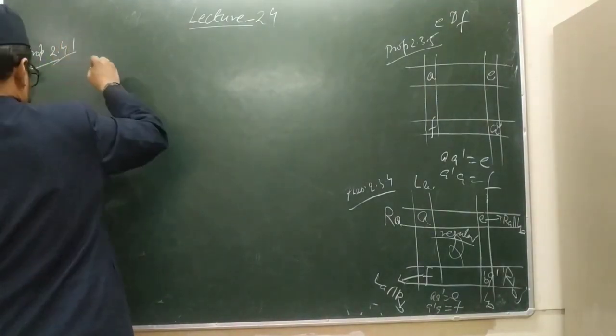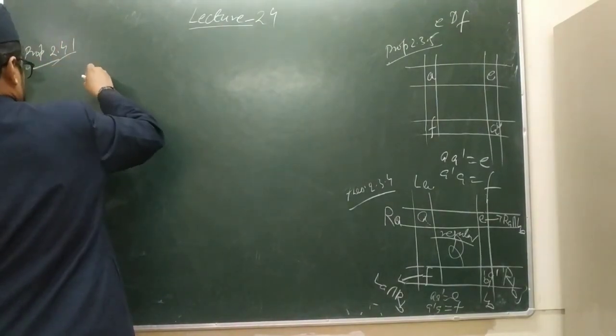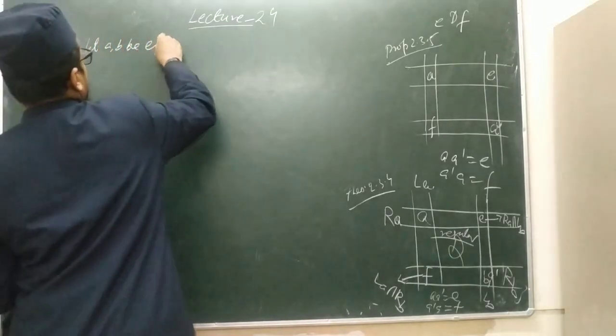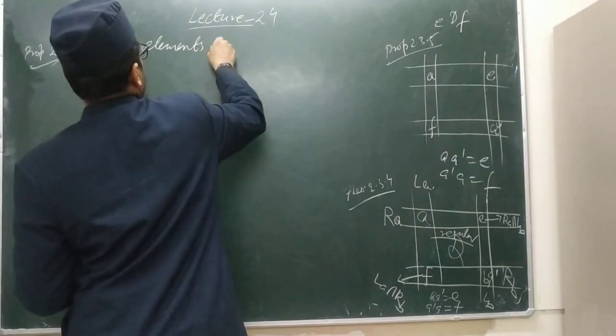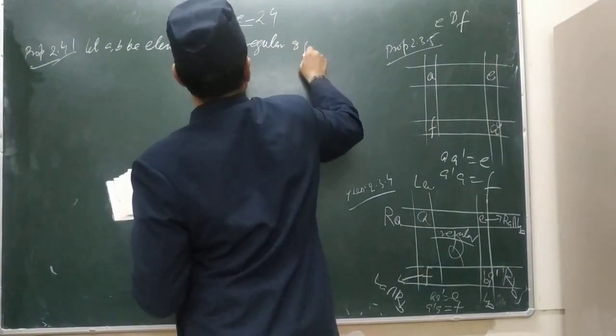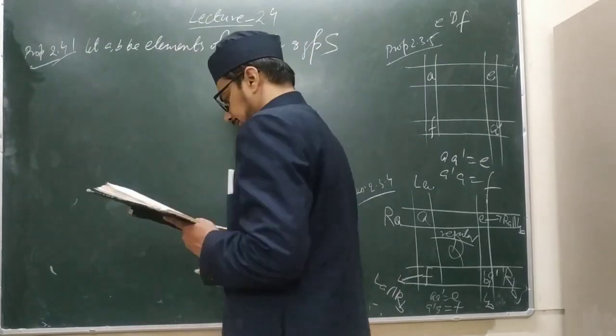Proposition 2.4.1. Let A, B be elements of a regular semigroup S, correct?